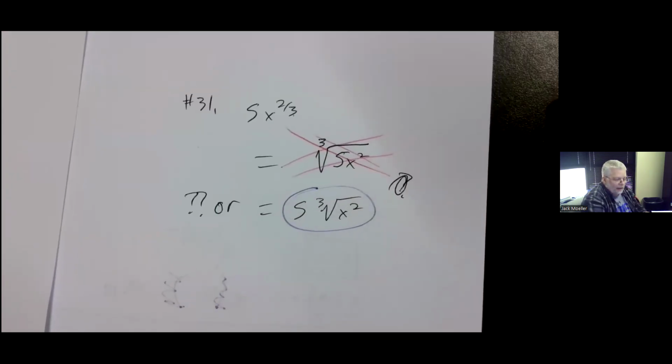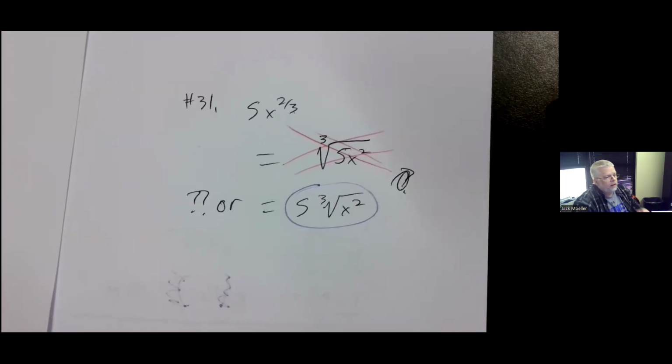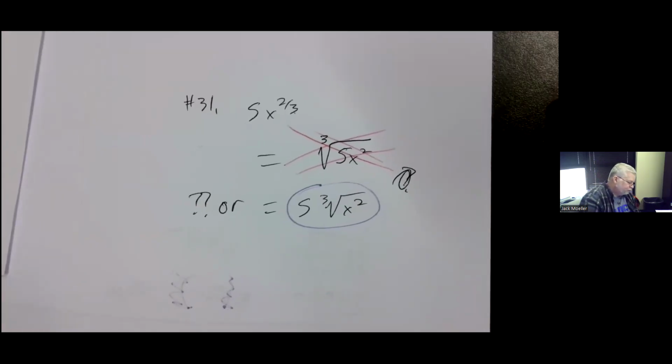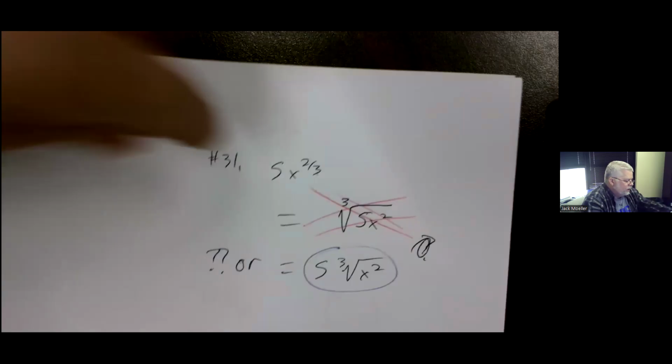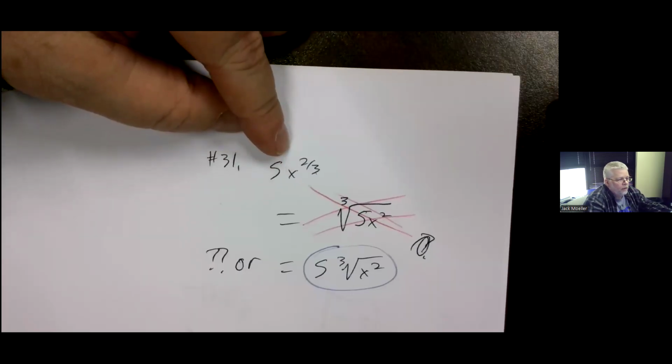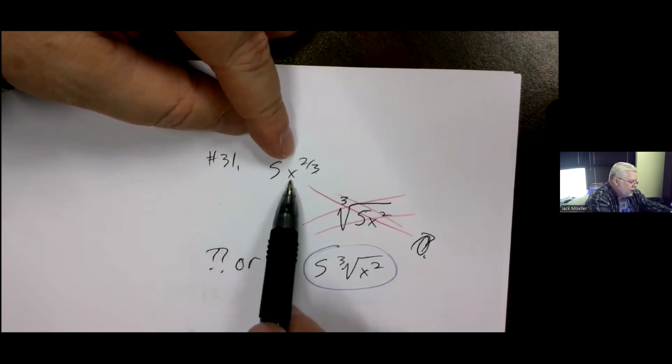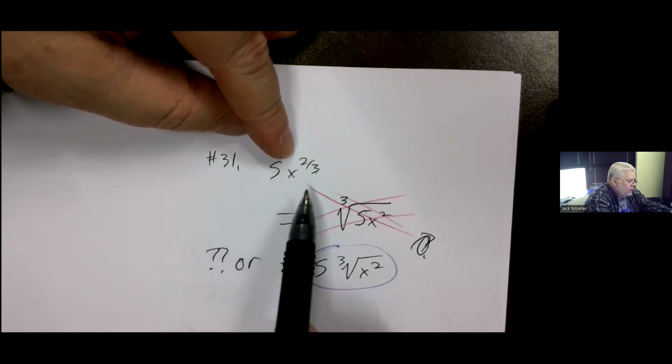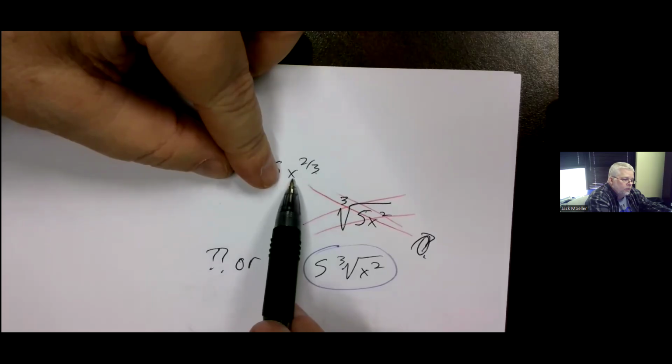And why is that? Well, it all comes down to parentheses and how we write our exponents. If you have a term that has an exponent, and there is no parentheses, the only thing getting the exponent is what's immediately to the left. Since there is no parentheses here, only the x is to the 2/3 power.